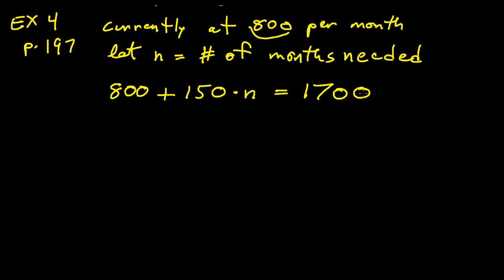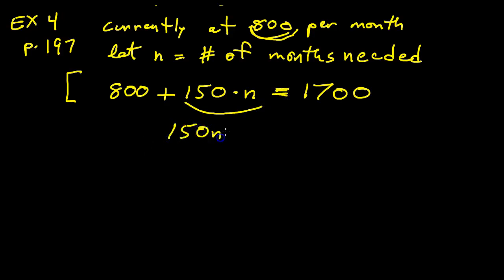All right, once you set these up, really the equations that they give us to wrestle with aren't really that nasty if you think about it. I think the hard part here is setting up the equation, starting out at 800, adding 150 bikes per month, until your target production level of 1,700 is reached.